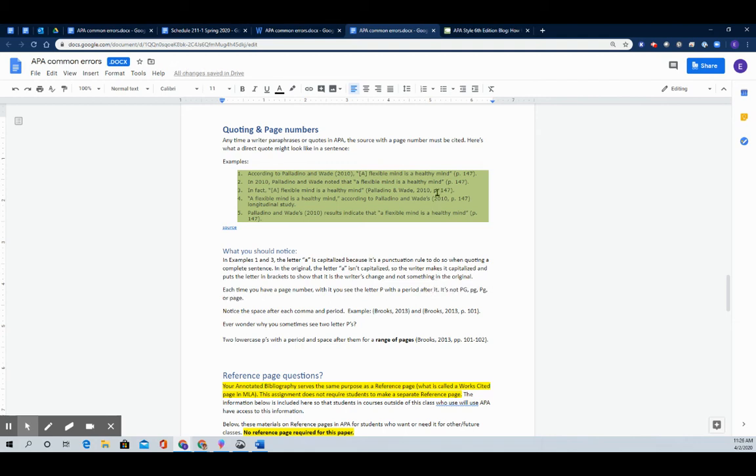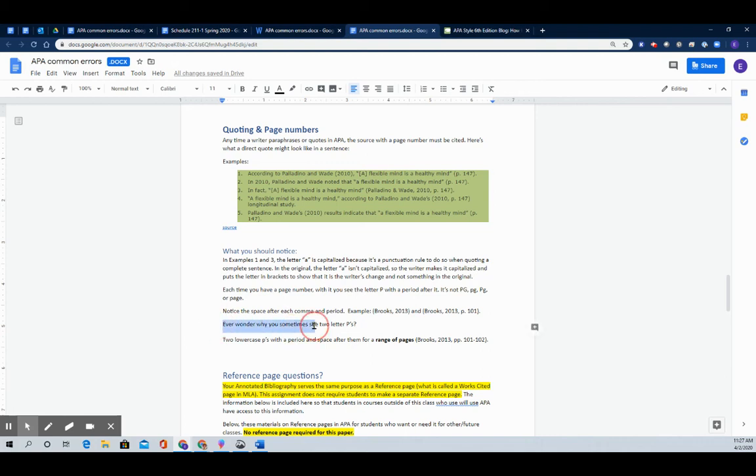So it's a little p with a period after it. It's not PG. It's not PG. It's not PG. And it's not page. So it's not all these different variations of PG. It's the letter lowercase p with a period. And there's a space after each comma and period, like you see here.